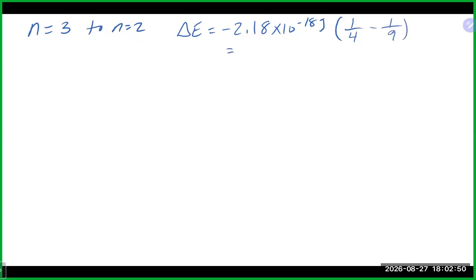So 1 divided by 4 minus 1 divided by 9, and then times 2.18 times 10 to the minus 18. That's going to give us a negative 3.03 times 10 to the minus 19 joules.